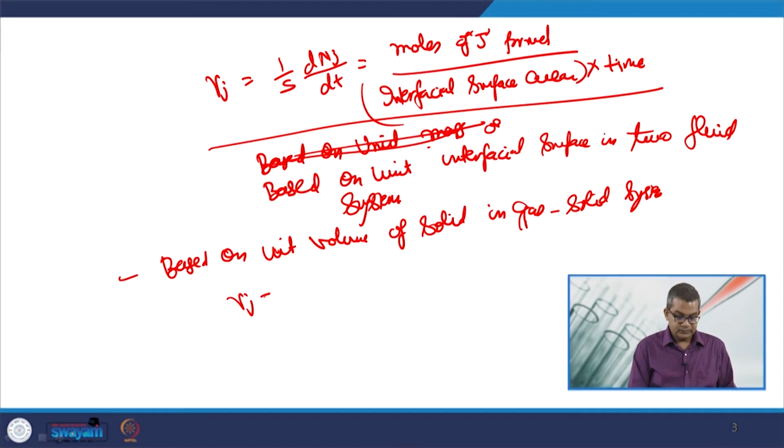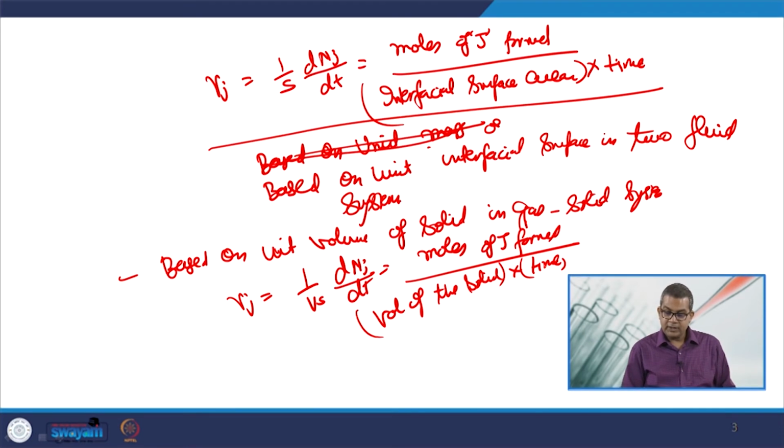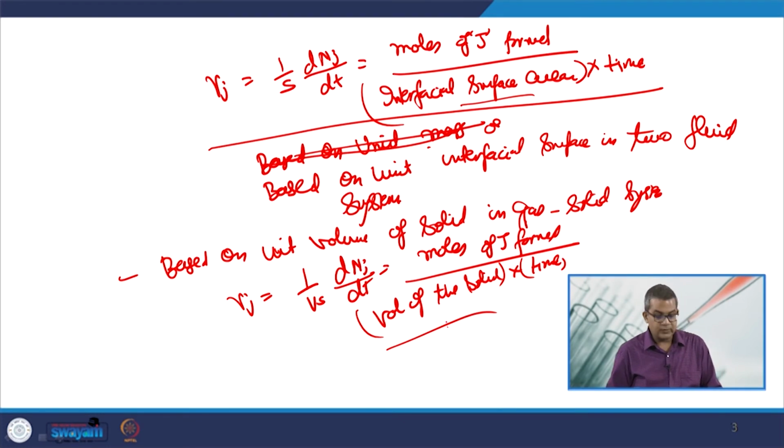This is 1 upon Vs dNJ, moles of J formed divided by volume of the solid into time. So again you see that the governing factor is only this one.